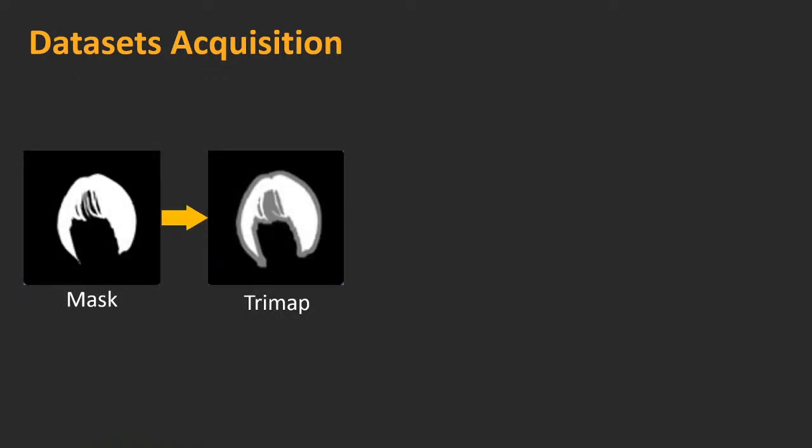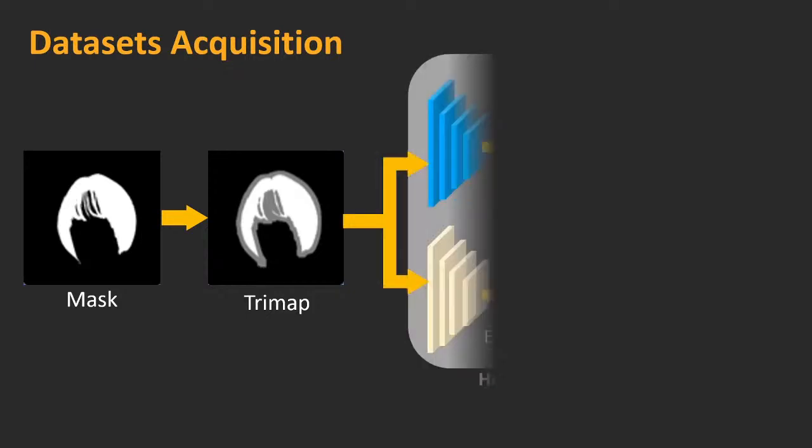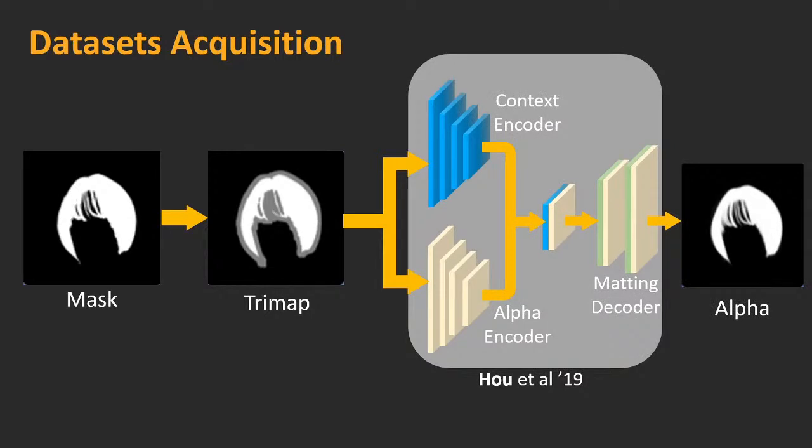Then a tri-map is generated from the mask using erosion and dilation operations. Finally, we apply context-aware matting to predict alpha mattes and foreground images, which combines the benefits of local propagation and global contextual information and performs visually much better on intricate data like curly hair and hair bounce.